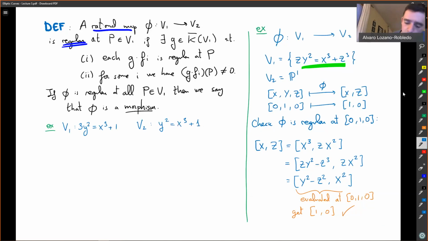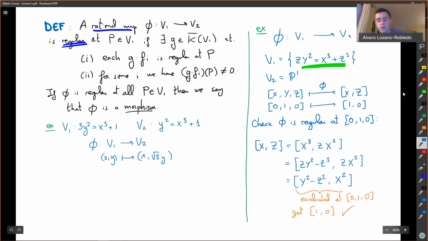So there is a map between V1 and V2 that sends (x, y) to (x, square root of 3 times y). This map is not defined over Q, because of the field of definition of the polynomials, but it is defined over Q adjoin the square root of 3. So this map is actually a morphism.